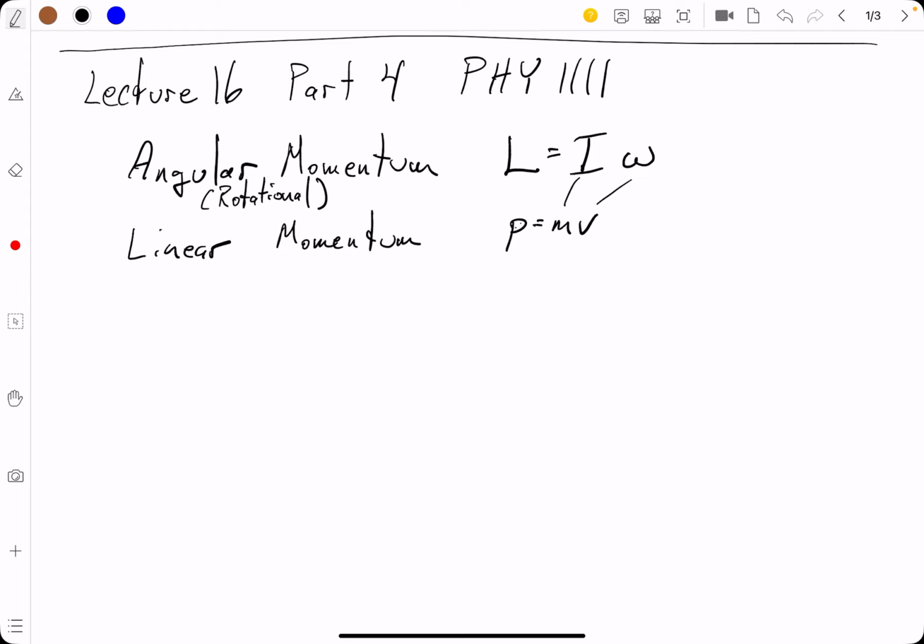So makes sense, right? What are the units of L? The units are going to be kilograms meters squared per second. Of course, the ghost of radians disappeared.